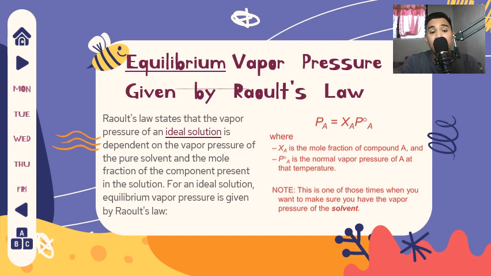So for an ideal solution, equilibrium vapor pressure is given by Raoult's law, which is P sub A equals X sub A times P° sub A, where X sub A is the mole fraction of compound A and P° sub A is the normal vapor pressure of A at that temperature. Note, this is one of those times when you want to make sure you have the vapor pressure of the solvent.